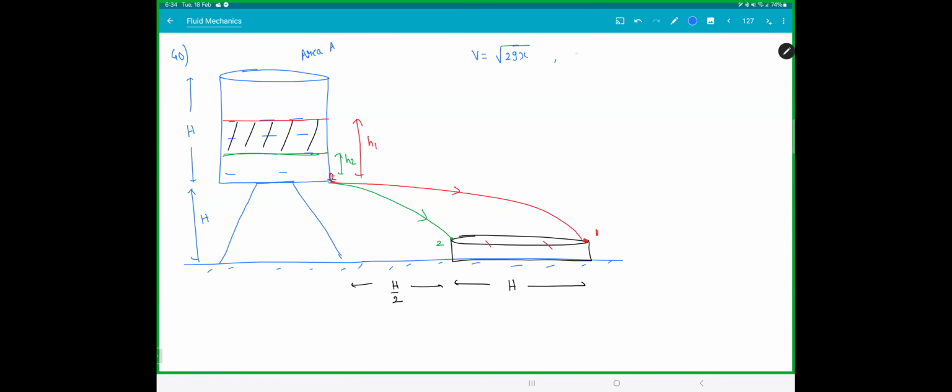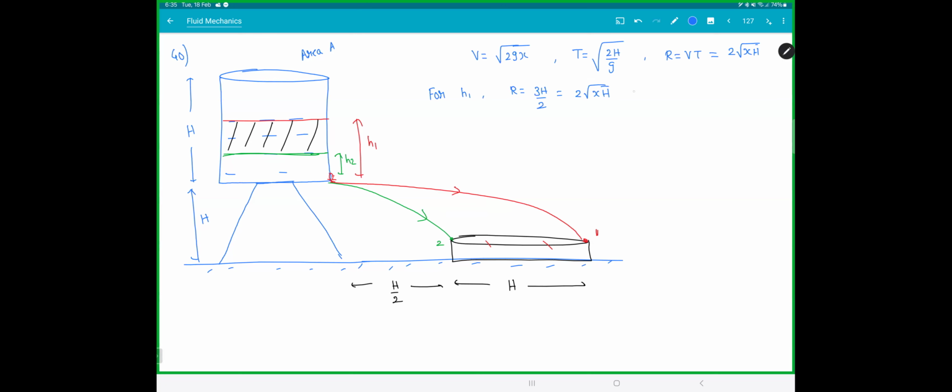So time of flight will be root over 2h by g, as the whole height is constant. Therefore range is equal to vt, which is, g gets cancelled, 2 root xh. So to get the range of 3h by 2 for H1, 3h by 2 equals 2 root xh.